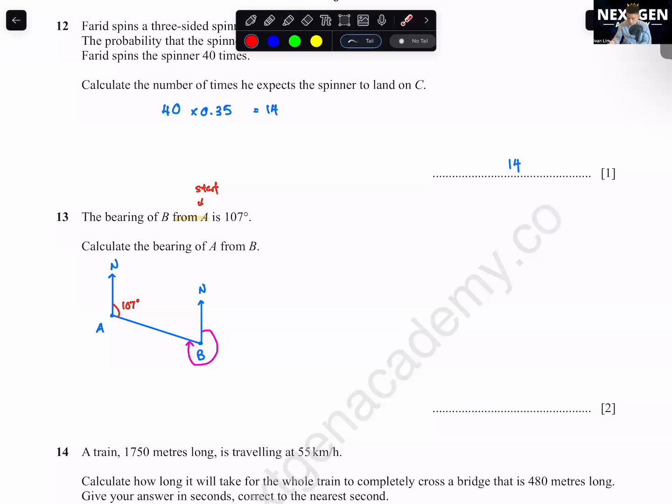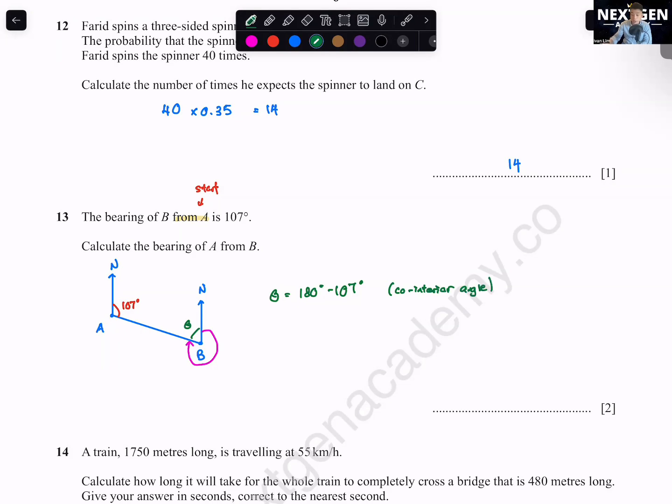I want to find this little angle here first. Let's call this theta. This theta value will be 180 degrees minus 107 degrees. Why? Because both of these are parallel and we can use co-interior angles.